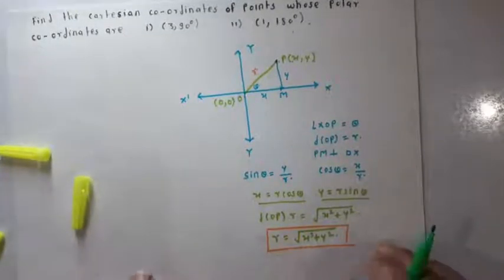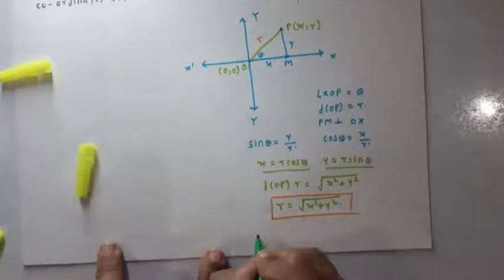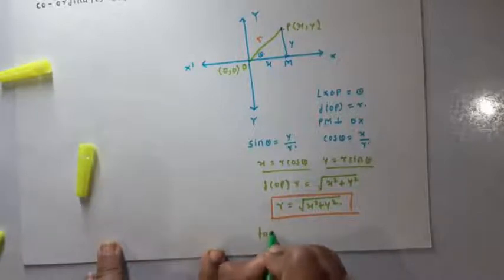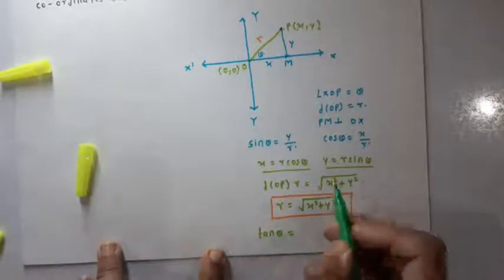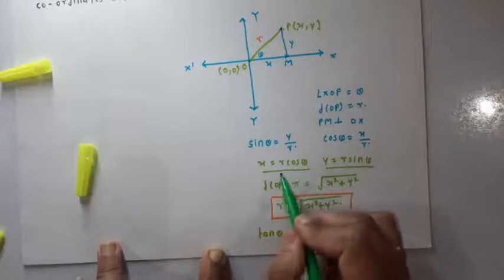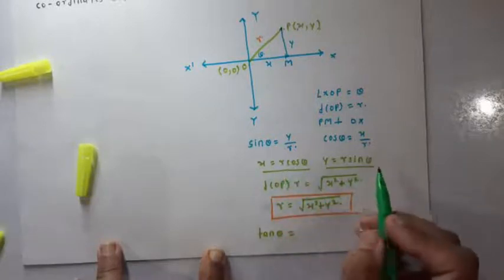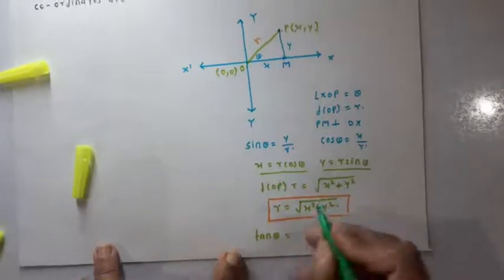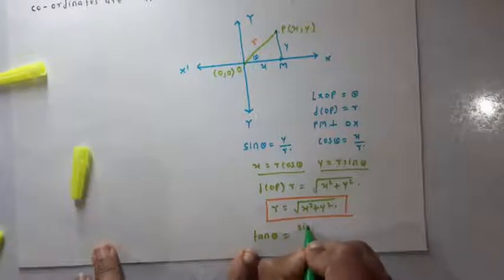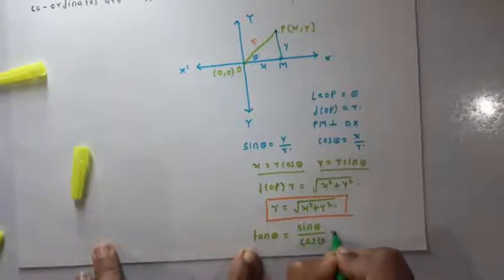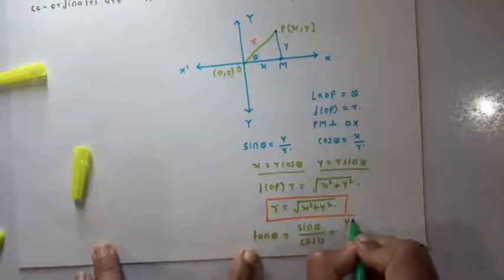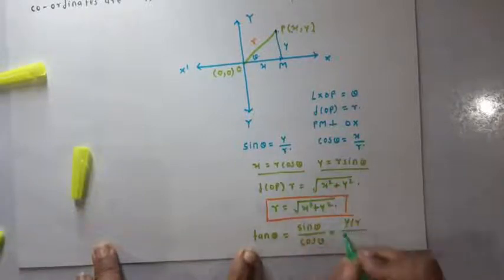Now let us find tan theta. Tan theta equals sin theta upon cos theta. Sin theta is y upon r and cos theta is x upon r.